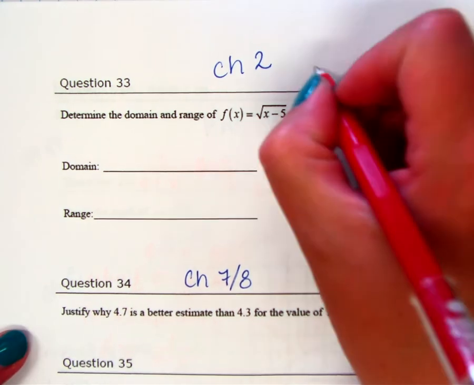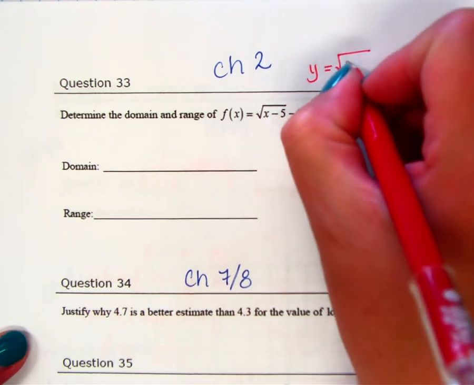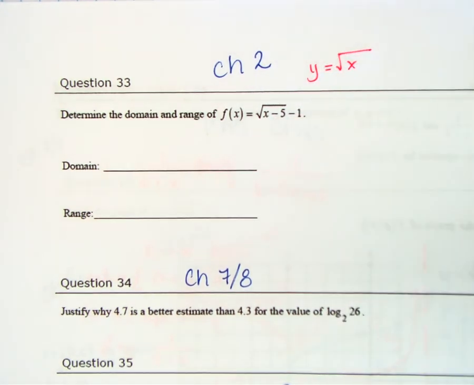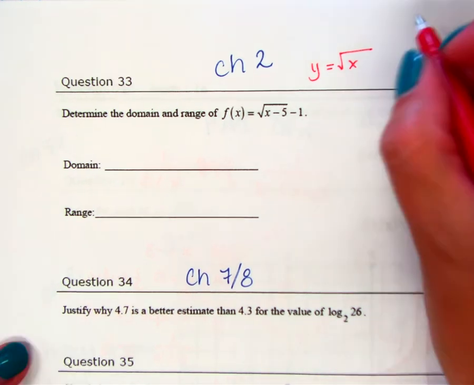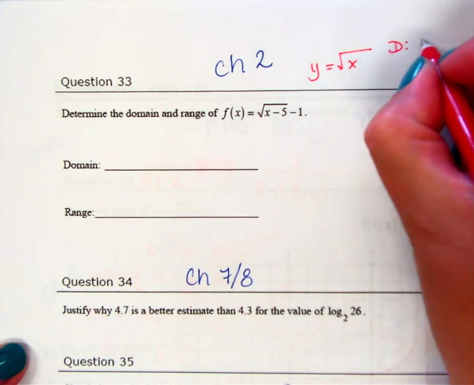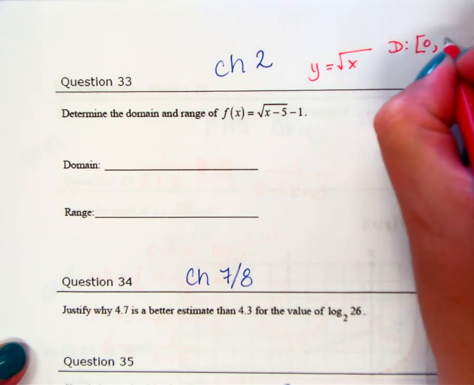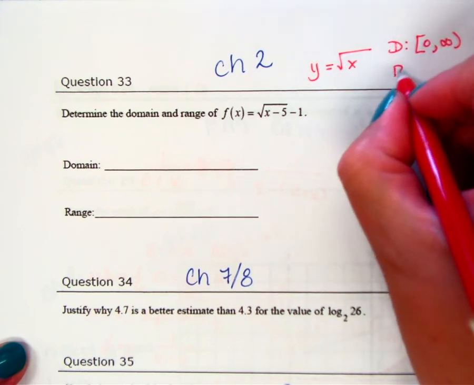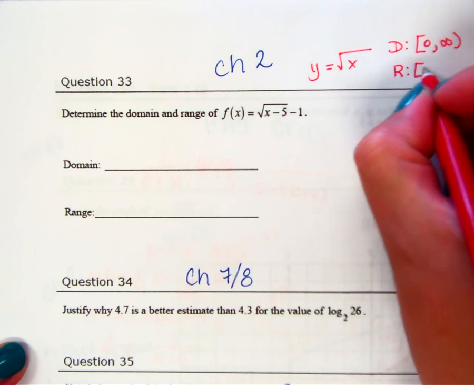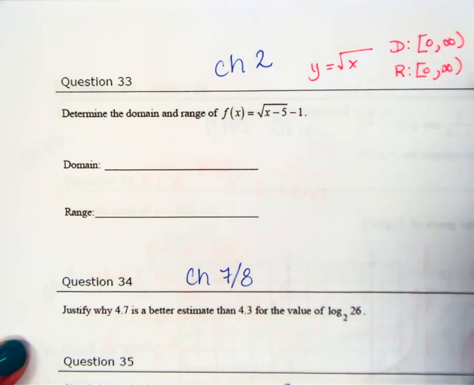You need to know where this graph starts. Where does that graph start, ladies and gentlemen? 0, 0, right? So the domain for that graph would be 0 to positive infinity, and the range would be 0 to positive infinity.